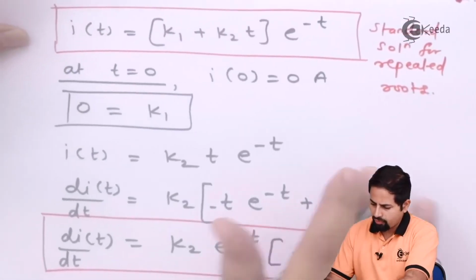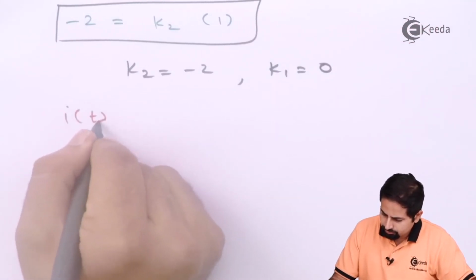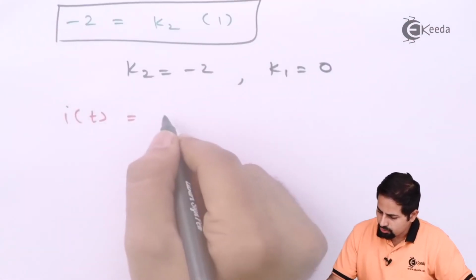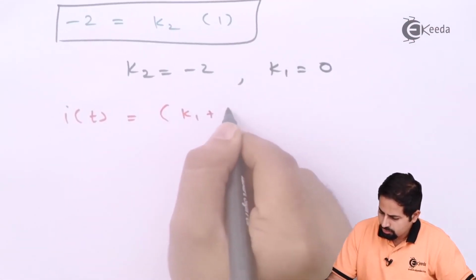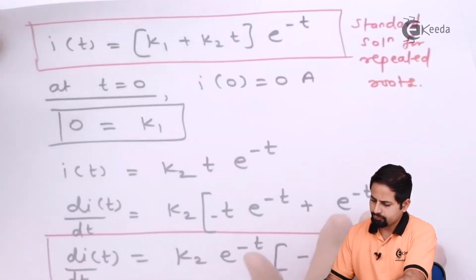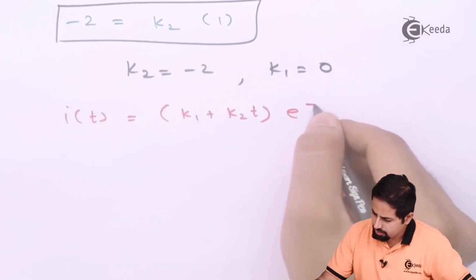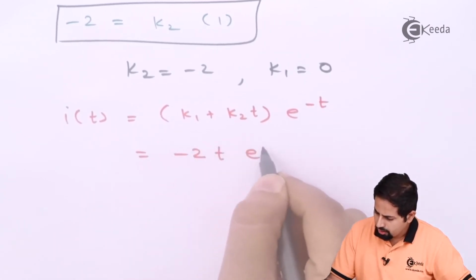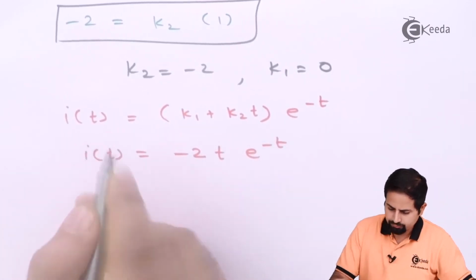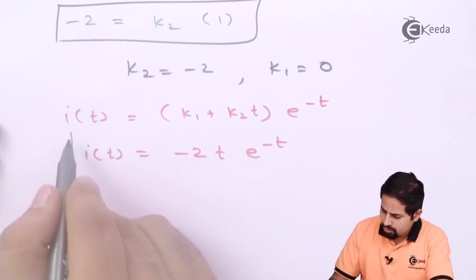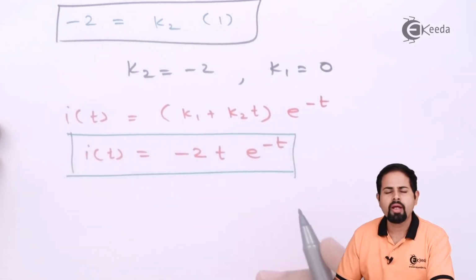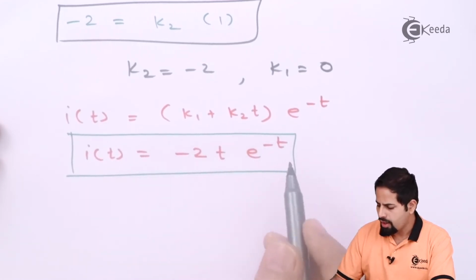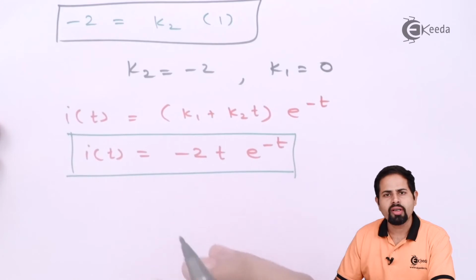So I will write it here, I of t equals k1 plus k2t, now k1 is 0, into e raised to minus t, so this becomes 0, so minus 2 t e raised to minus t, and that completes our solution to case number 2. If we try to plot the graph, we will get appropriate graph according to the time scale. And now it's a time to go for case number 3.